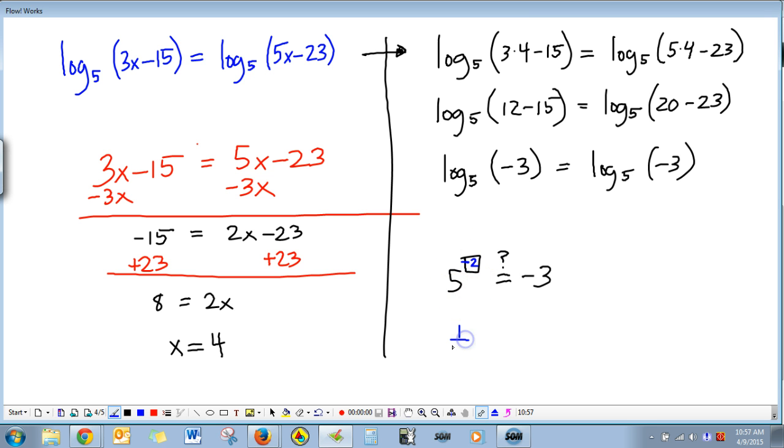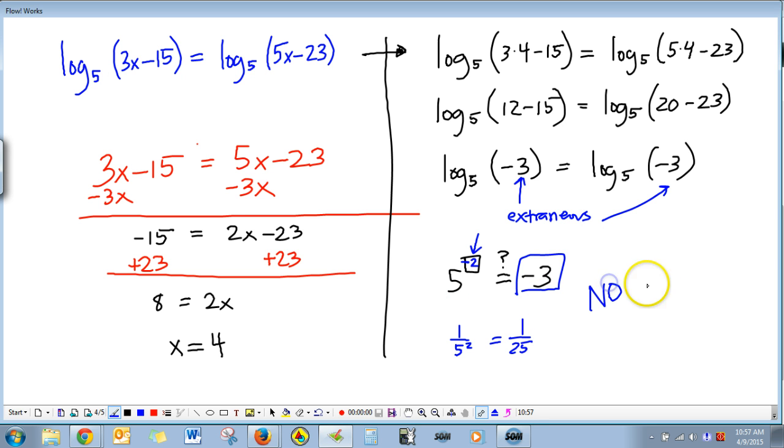That just means 1 over 5 squared. That doesn't become negative. That's 1 over 25. There's no exponent that you can put on 5 that will give you a negative answer. So this solution is extraneous. Which means that there's no solution to this equation. Unfortunately, there is no solution.